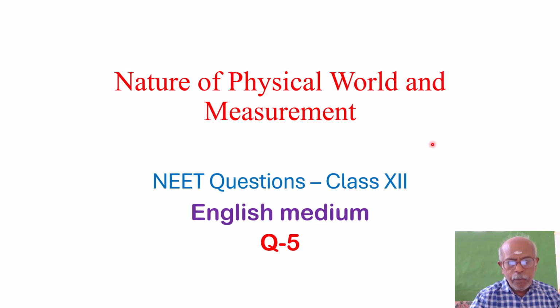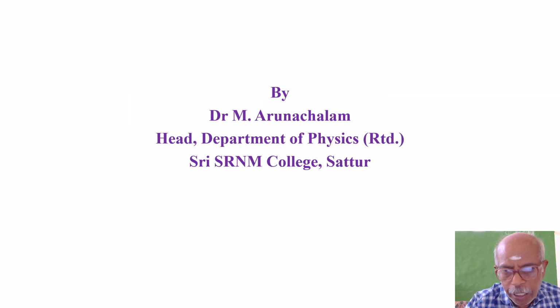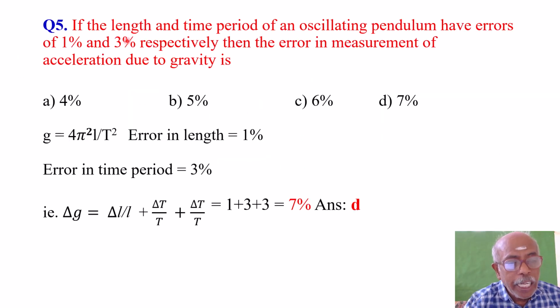In today's video, we are going to solve an MCQ in the chapter Nature of Physical World and Measurement. What is the problem, sir? Let's see the problem. The length and the time period of an oscillating pendulum have errors of 1% and 3% respectively.